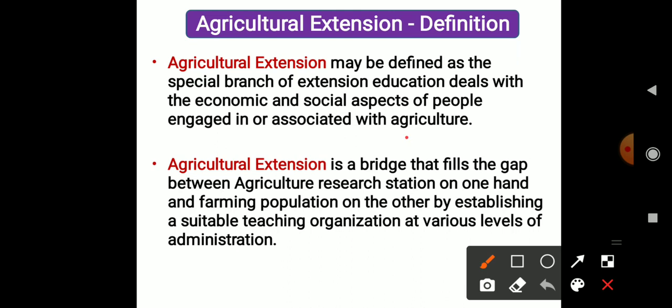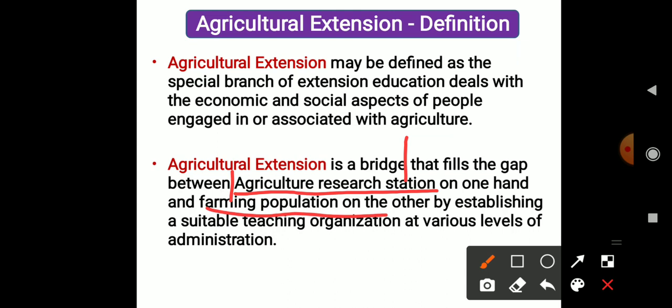Once again we can see the bifurcation. Bridge means pul, like a bridge on a river. In the same way it is a bridge, meaning the link between the two. One is the agriculture research station and the second is the farming population, meaning the farmer.